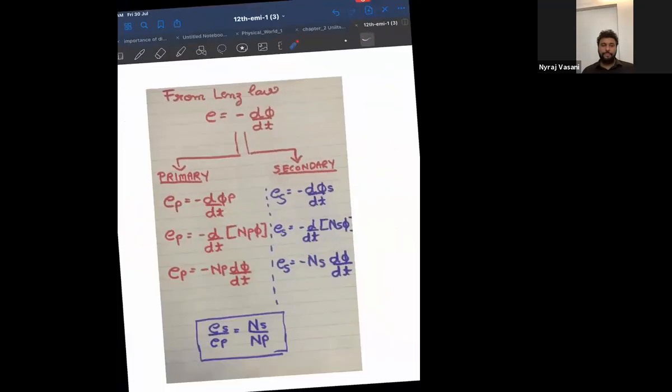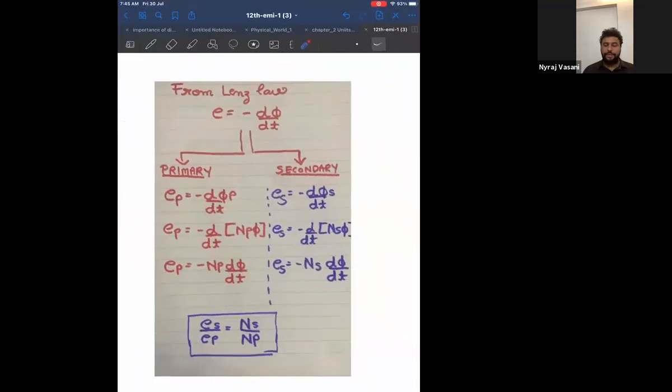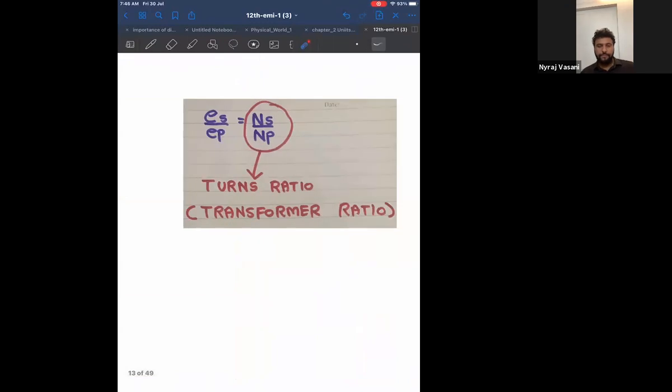Now, if you notice the formula, everyone look at the screen. In this formula, ES by EP is equal to NS by NP, and NS by NP is called the turns ratio or transformer ratio. Why is it called turns ratio? Because it is a ratio.